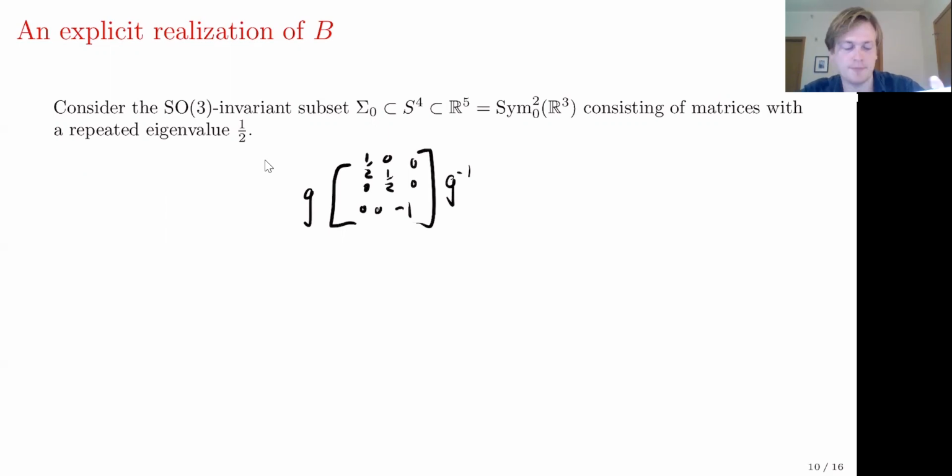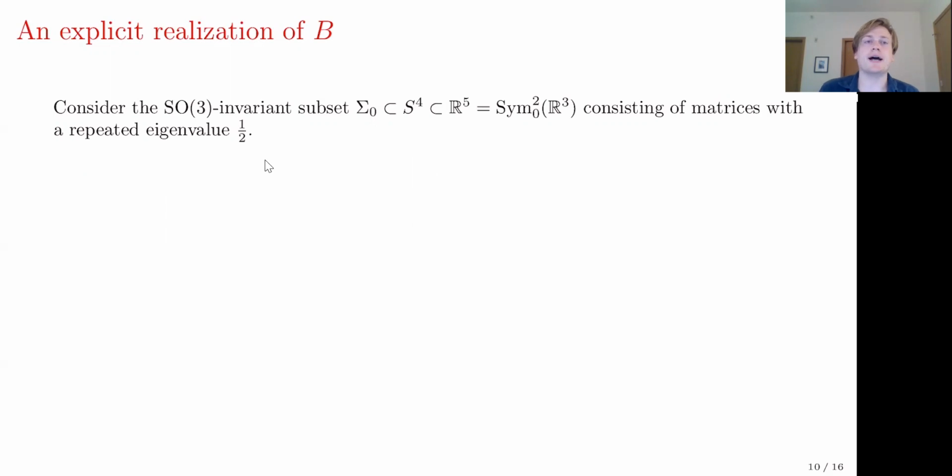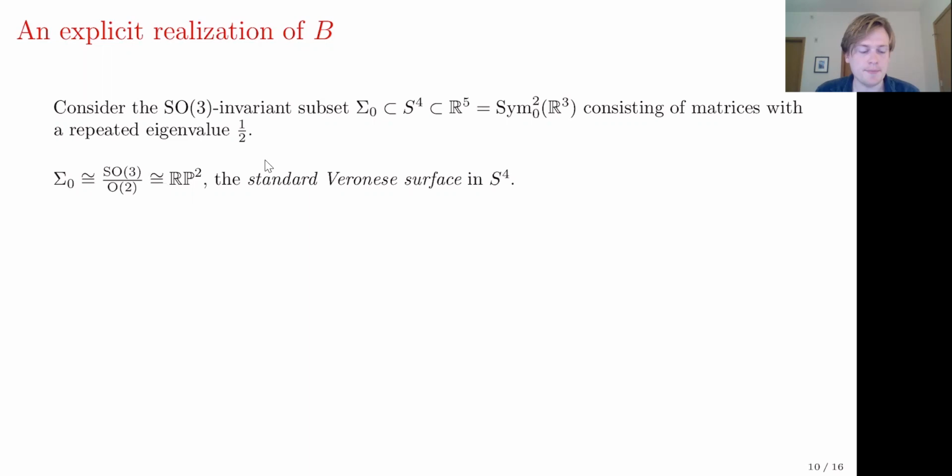Okay, and this defines some SO3 invariant subset here. And this subset, it turns out, is an SO3 orbit. It's not just SO3 invariant, it's a single SO3 orbit. The stabilizer is O2. So this subset is a copy of RP2 inside S4, which we'll call the standard Veronese surface in S4, the 4-sphere.